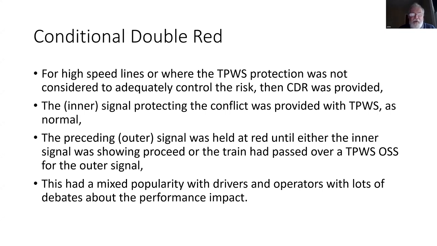If, however, the inner signal is going to clear after the outer signal has been passed, then the approach may be slightly slower. However, if the signal doesn't clear until the train is on the approach to the inner signal, because the train has slowed earlier, it will get there a little later and it may still be rolling and therefore will have a better throughput. It was all very complicated, argumentative, and a lot of opinions.